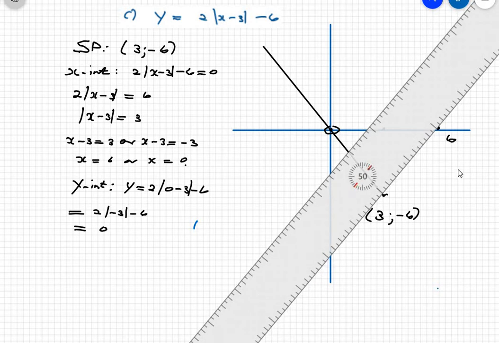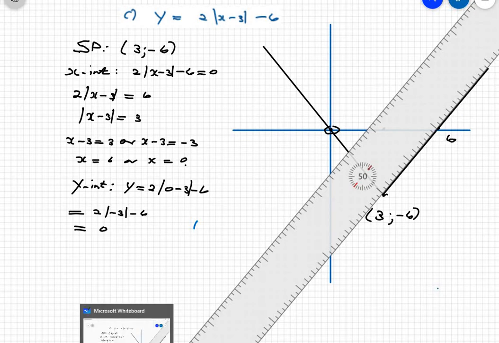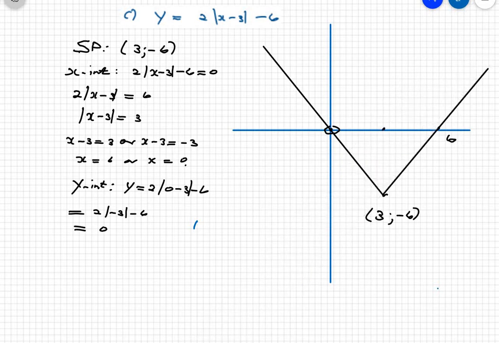I think that will be fine. Right, there's my graph. Okay, I have 2 points there. I have 2 points there. I don't need to indicate anything else. I just need to find the two arms, the positive arm and the negative arm.